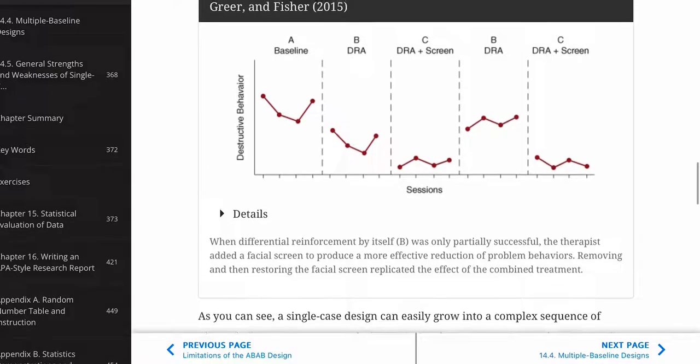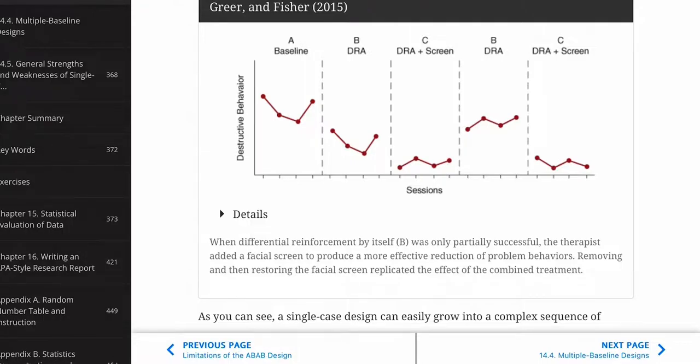And so you see, if you read that example, they had the baseline of the destructive behavior, then they instituted the DRA therapy, and the behavior went down, but not enough. It was still bad. And so they did the facial screen where they covered her eyes for a little bit, and that kind of helped her reset her brain. It helped remove that temptation and helped her with her behavior.